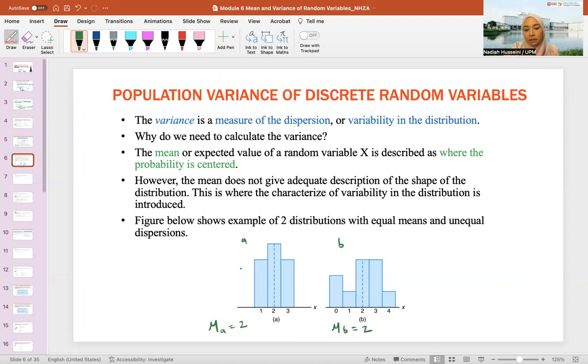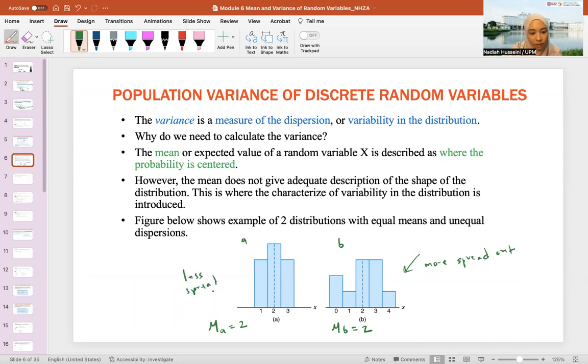But even though the mean is the same, the shape is different. So how do we distinguish between two types of data? This is where your variance comes in. Your variance for A will be obviously different than B, because this one is more spread out, whereas this one is less spread out.